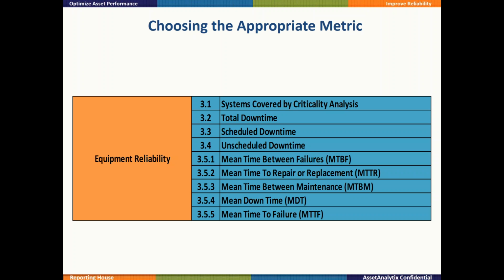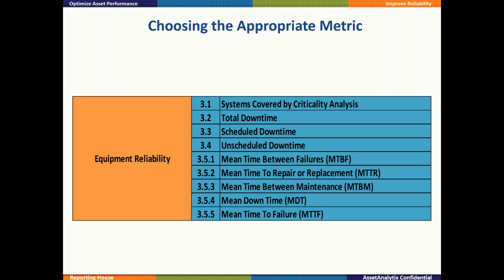Once that is done and that is understood and completely agreed upon in the organization, the next thing is determining the metrics. So you can do one of two things. One is you can create and calculate your own metric, or you can use some of the standard metrics that have been defined out there by industry best practices.